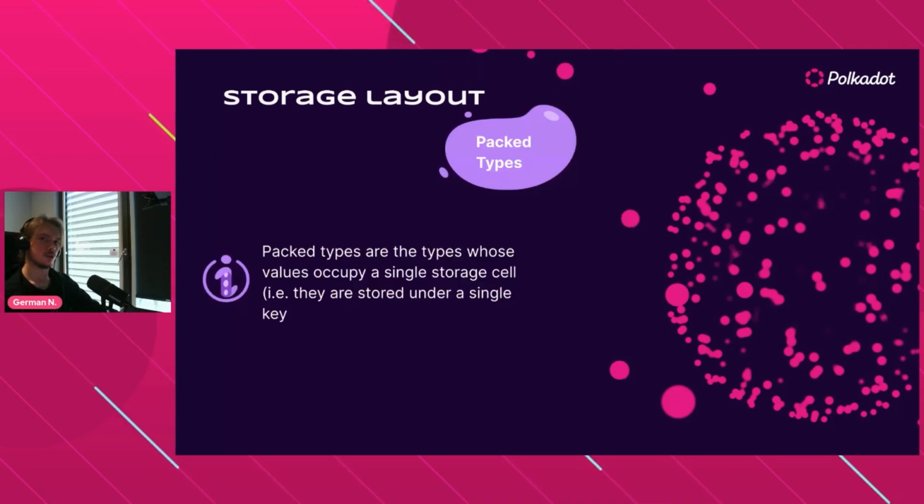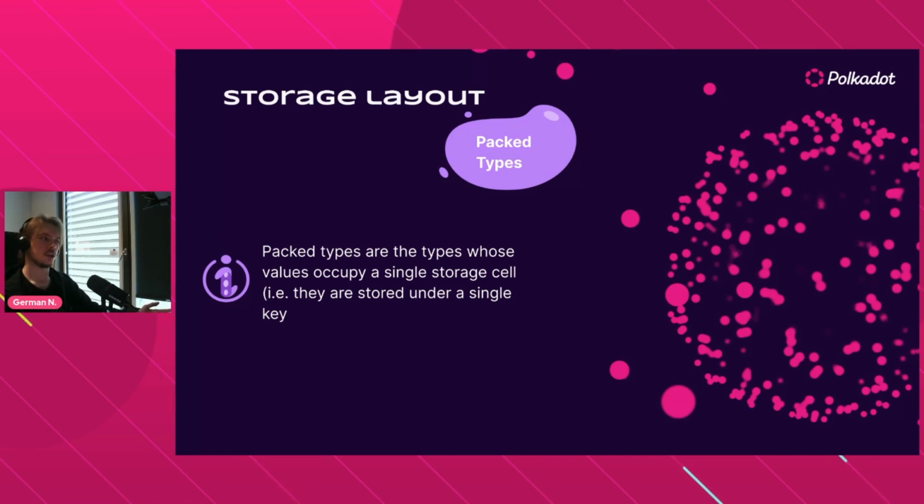And there are two types of storage in Ink: packed types and non-packed types are the types that can be stored in Ink storage. First, I'll start with a boring definition, but it's very important to get the terminology right in order to understand the later concepts. Packed types are the types whose values occupy a single storage cell.